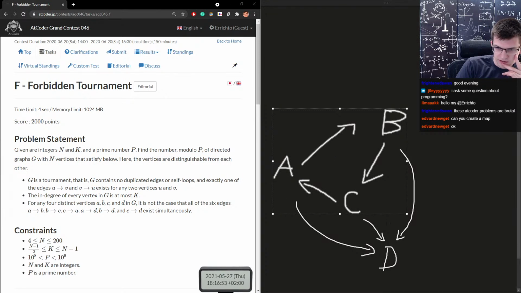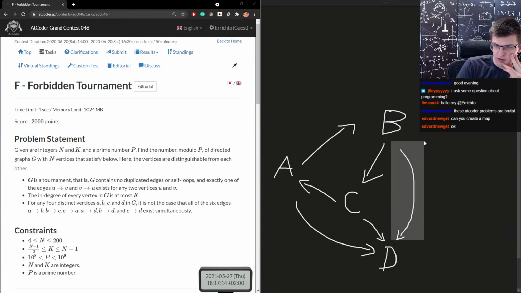If this triangle exists, then for every other vertex D, we can't have that. But then if there is an edge from D to B, then that's just another triangle. BCD, if I reverse this edge, BCD will become a triangle. A cycle of size 3.